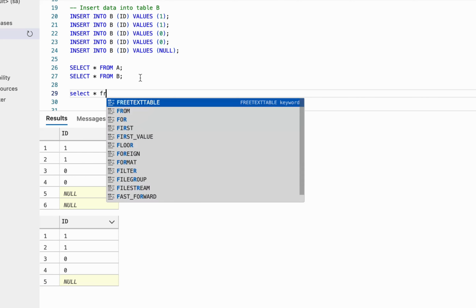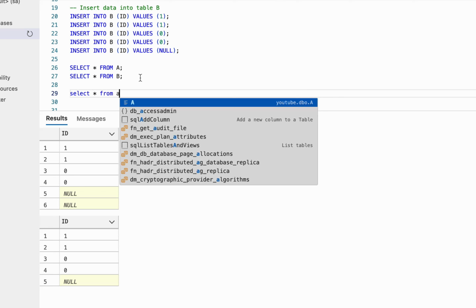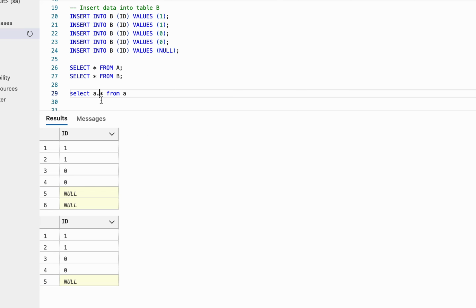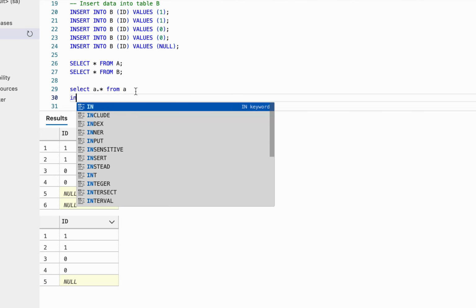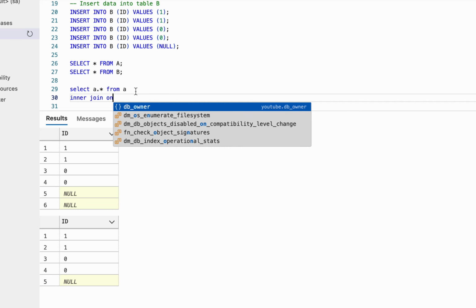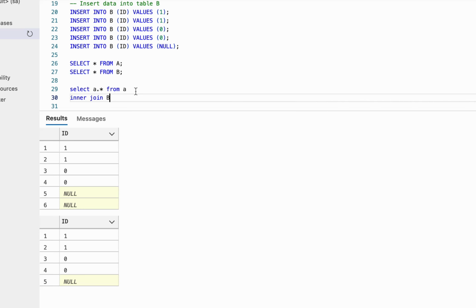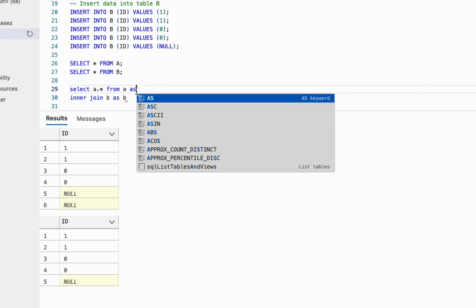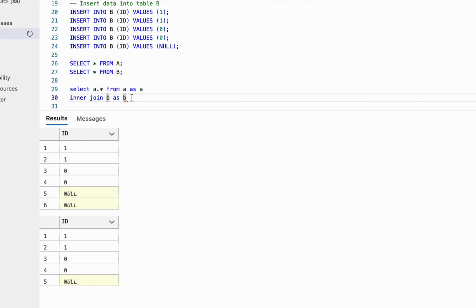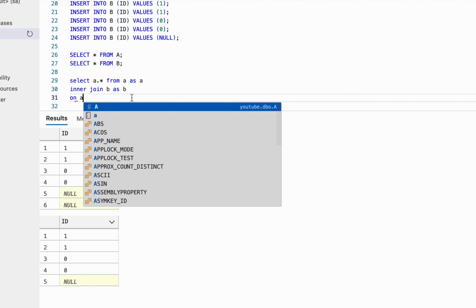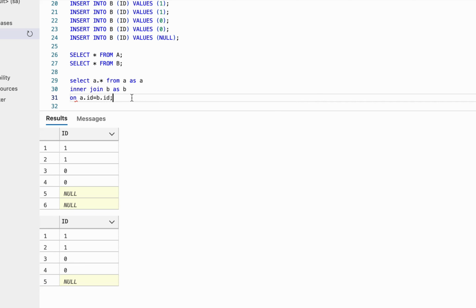Select A.*, from A inner join B as B, as A, on A.id equal to B.id, and also let's select all the rows from B. So let's run this now.